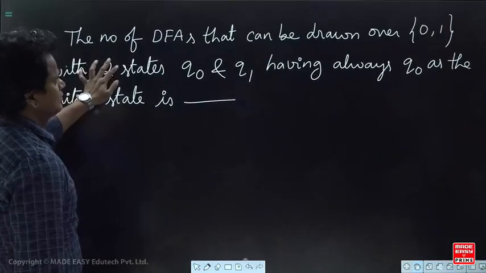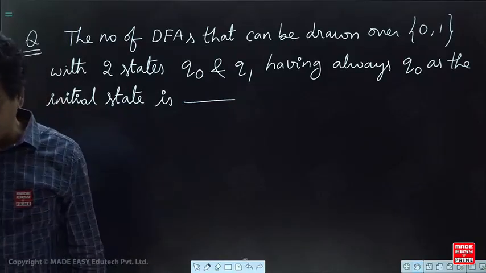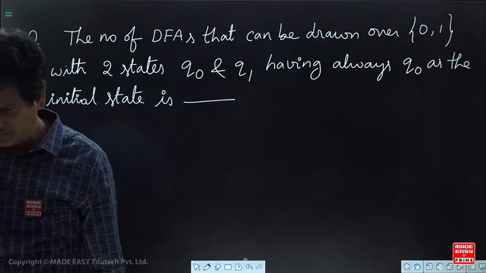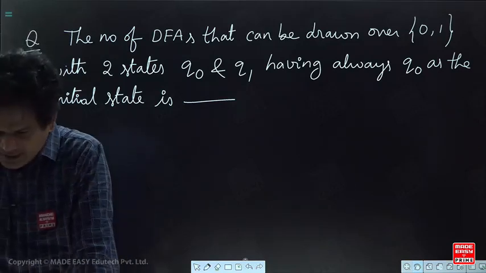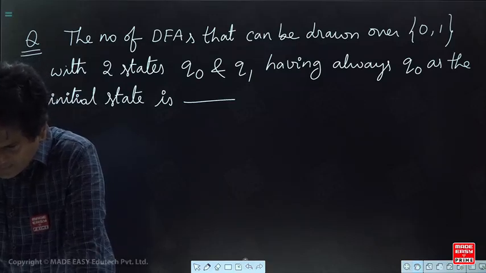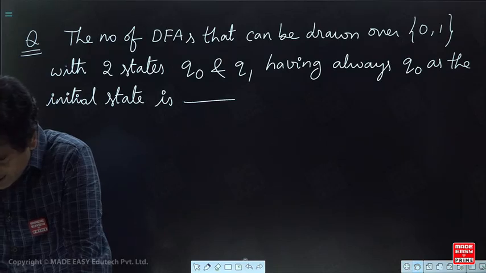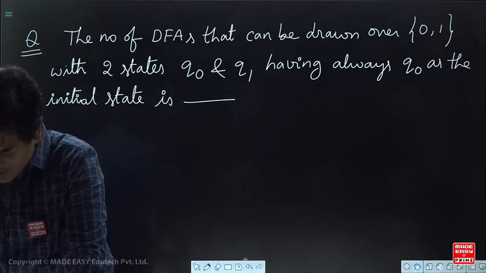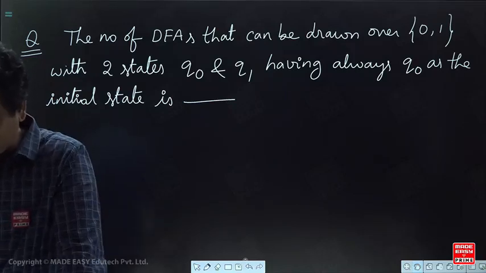Shall I go? Will you try? Nine is wrong, 10 is wrong, 4 is wrong, 16 is wrong, 32. Wrong.